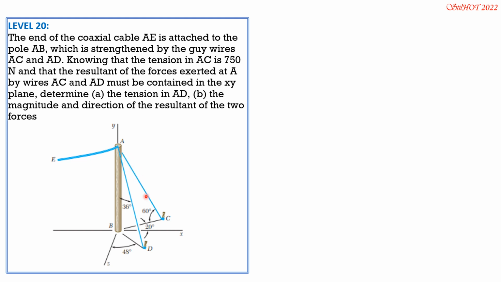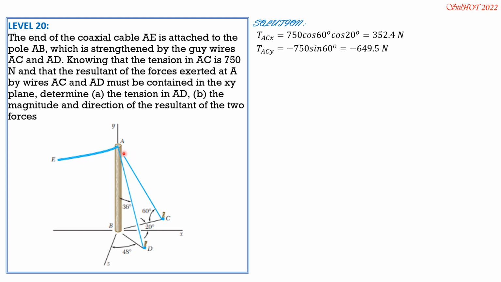So TACX is 750 cosine 60 times cosine of 20, so 352.4 newtons. TACY is simply negative going down, so negative 750 sine of 60, opposite to 60. So it is negative 649.5.